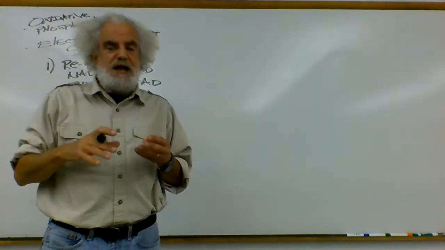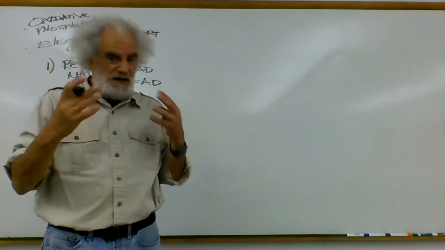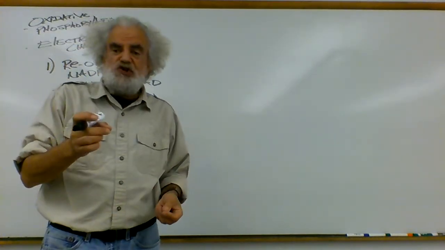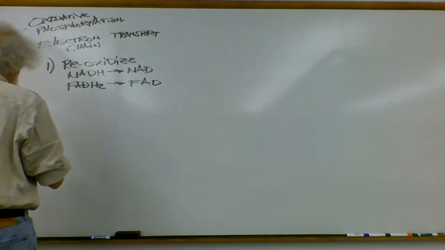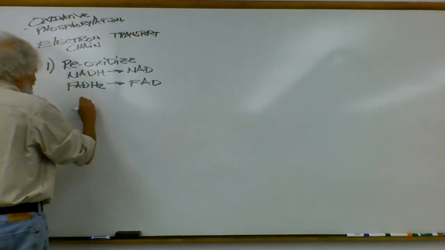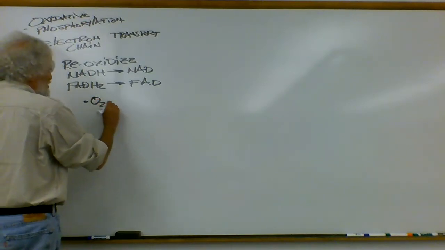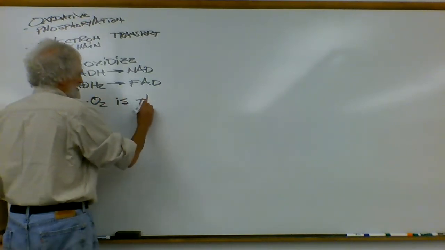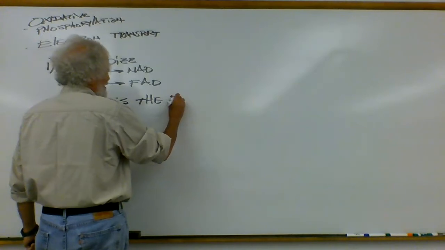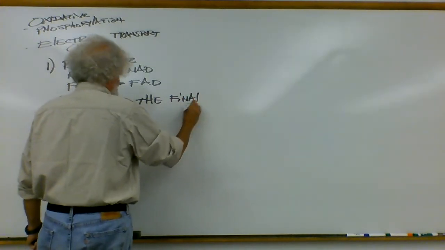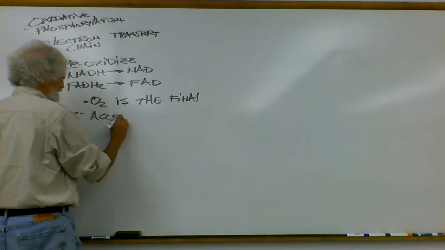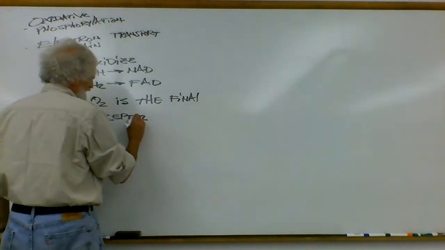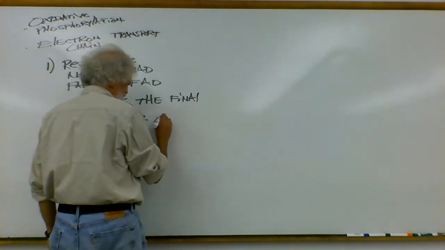Now, in you and I, and in a lot of bacteria, oxygen is the final electron acceptor. And so we can make a note here, O2 is the final electron acceptor. And it looks a little bit like this.